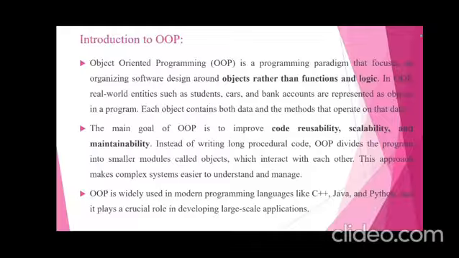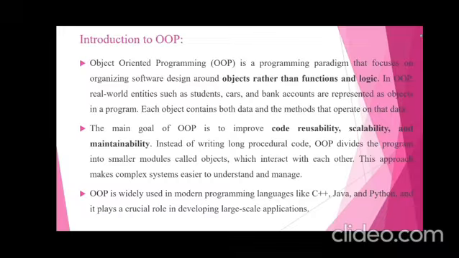One of the biggest advantages of object-oriented programming is that it allows us to represent real-world entities inside a program. For example, a student, a car, a bank account, all these are real-world objects.